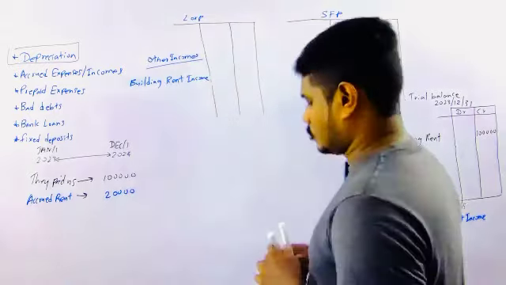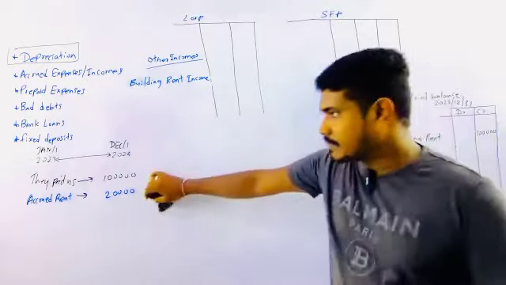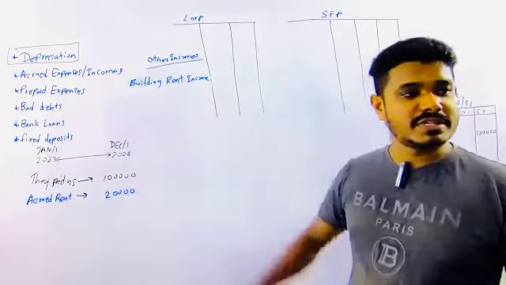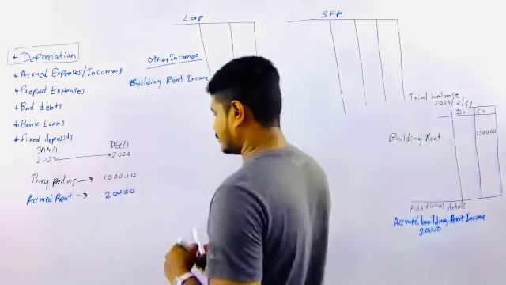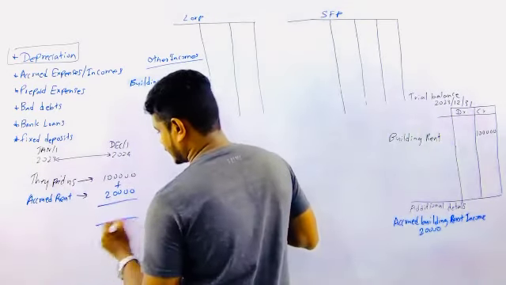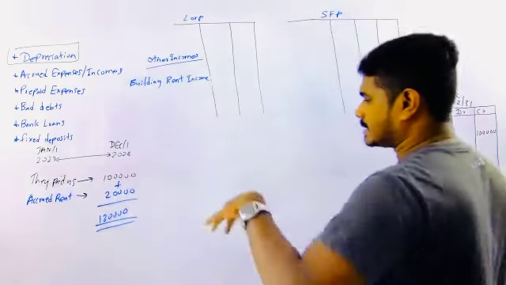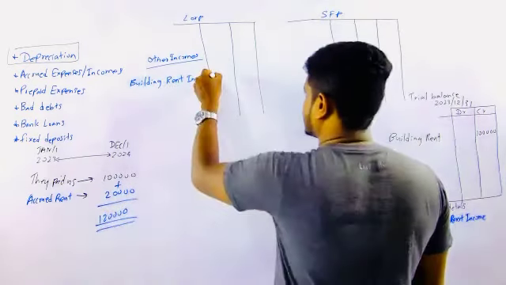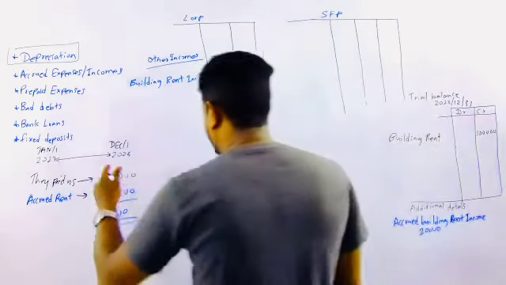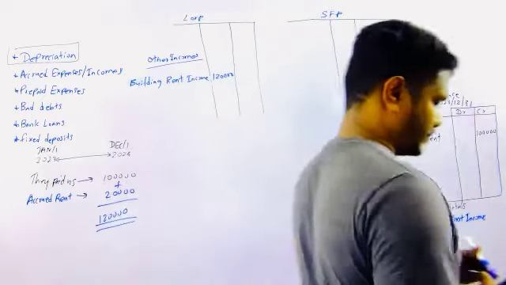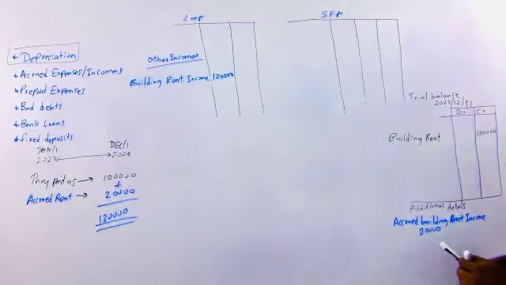So we have to calculate the real value, no? Real income. What's the real income of this year? The paid one and remaining 20,000, no? So altogether the total building rent income of the year is 120,000. But they have paid only 100,000. 20,000 to be received.